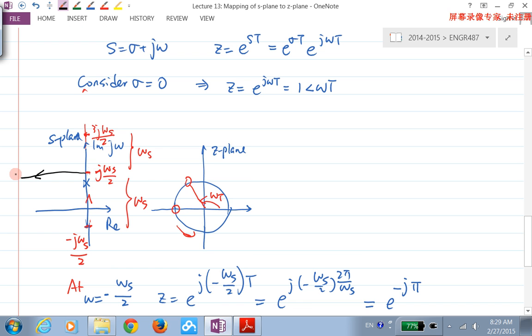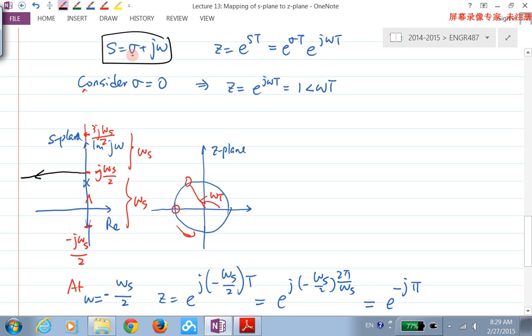When you go all the way to the left, what changes? What's not changing? In terms of s equal to sigma plus j omega, as you're moving along this horizontal line, which one is changing? Omega is not changing.